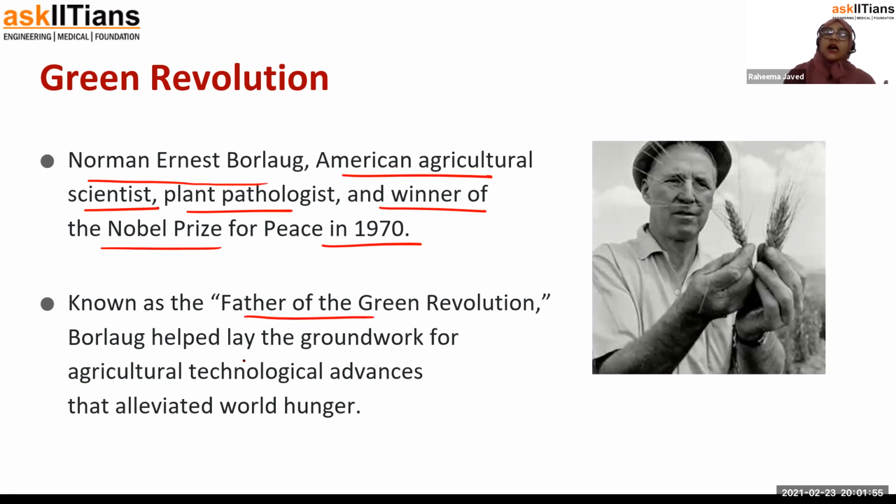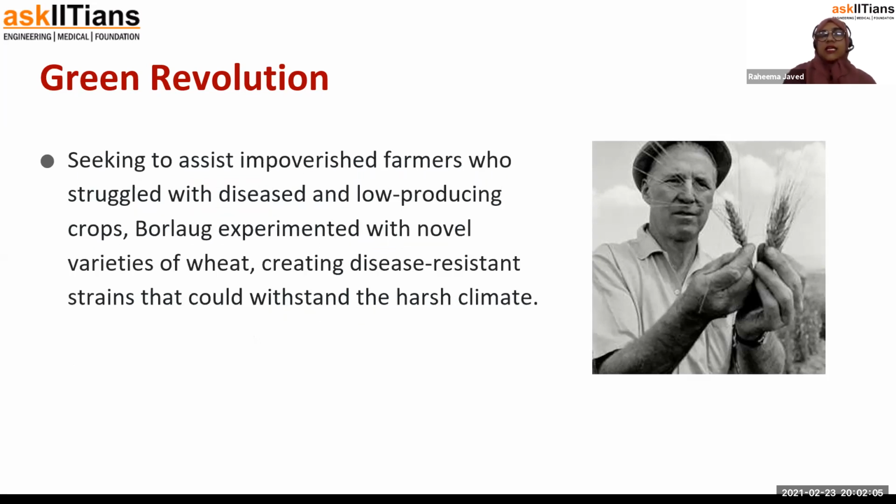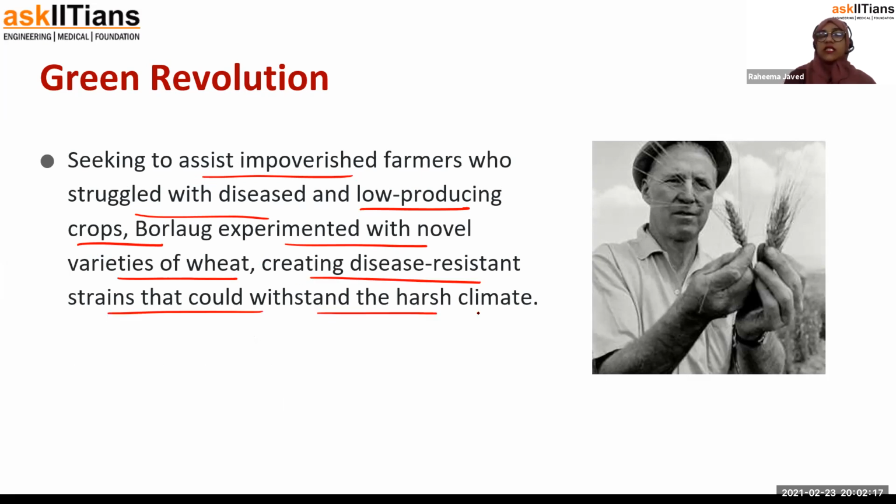He helped lay the groundwork for the agricultural technological advances that alleviated world hunger. He assisted impoverished farmers who struggled with disease and low producing crops. And Borlaug experimented with novel varieties of wheat, creating disease resistant strains that could withstand the harsh climate.